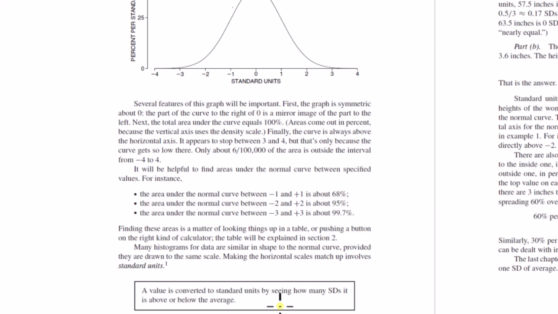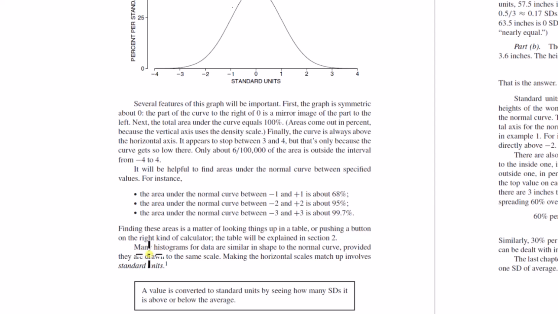In chapter 4, in the previous chapter, a lot of the example problems we worked, we did this. We were given values and we calculated how many standard deviations that value was away from the average, if it was within 1 standard deviation or within 2 standard deviations or 3. So we know how to do this.